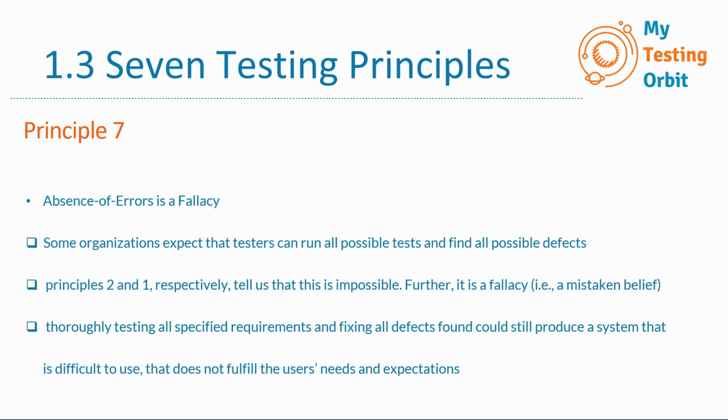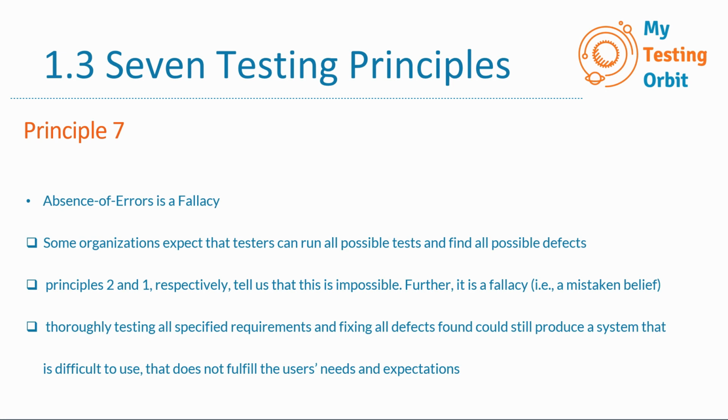And the last principle is absence of errors is a fallacy. Some organizations expect that testers can run all possible tests and find all possible defects, but this expectation is totally wrong, because we can't run all tests, and this is something we already covered in principle 2, which was exhaustive testing is impossible.